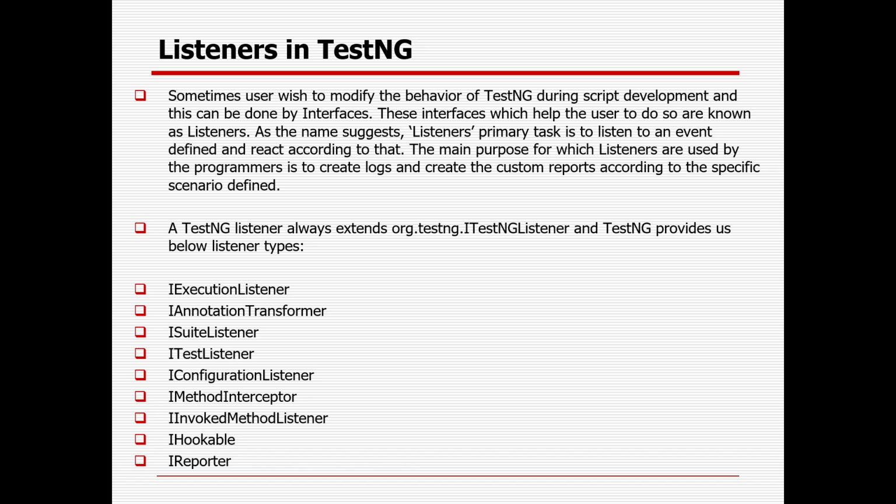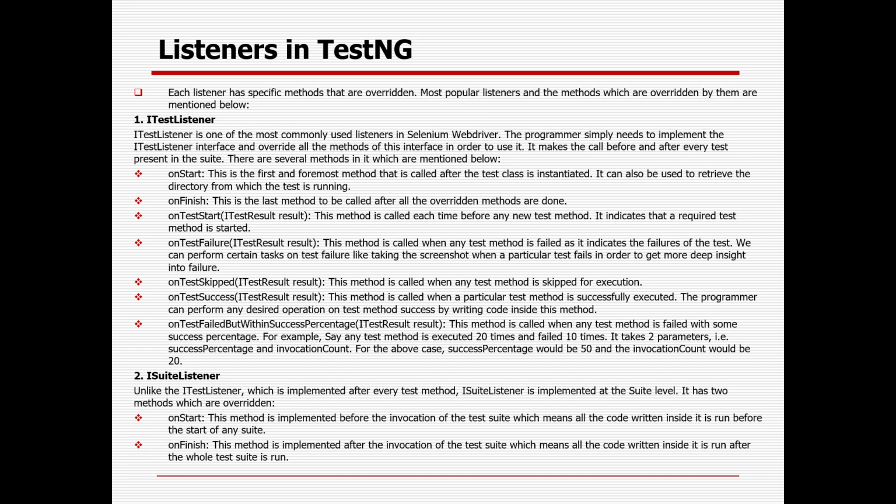But mostly we will be using two listeners here. One is ITestListener and the other is IRetryAnalyzer, which we can use to execute only the failed test cases n number of times. Each listener has some specific methods that are overridden. What did you learn about the interface?